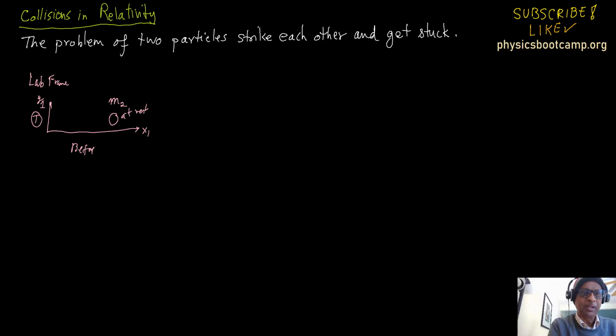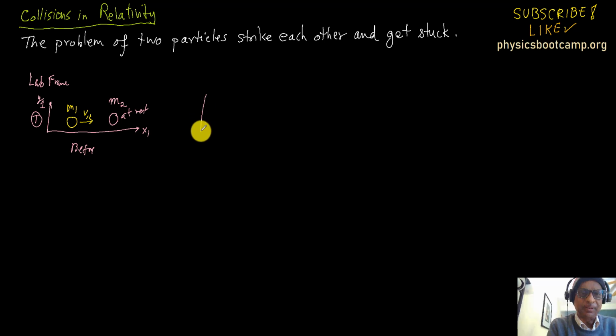So in this frame, M2 is at rest, but another mass M1 is moving this way with some speed V1. And this speed is with respect to this frame, so I'm going to attach another letter there. Okay, so this is a live frame, and this is before.